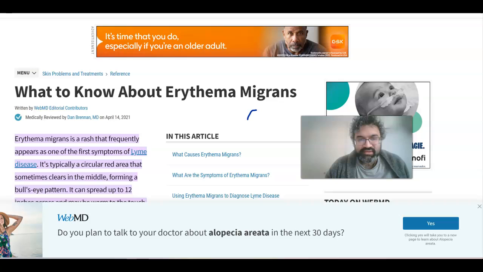So to make this actually correct, we're going to use a color that makes sense. I'm going to replace this with a red, sort of circular shape, and in the middle there's sometimes a lightness that takes place.